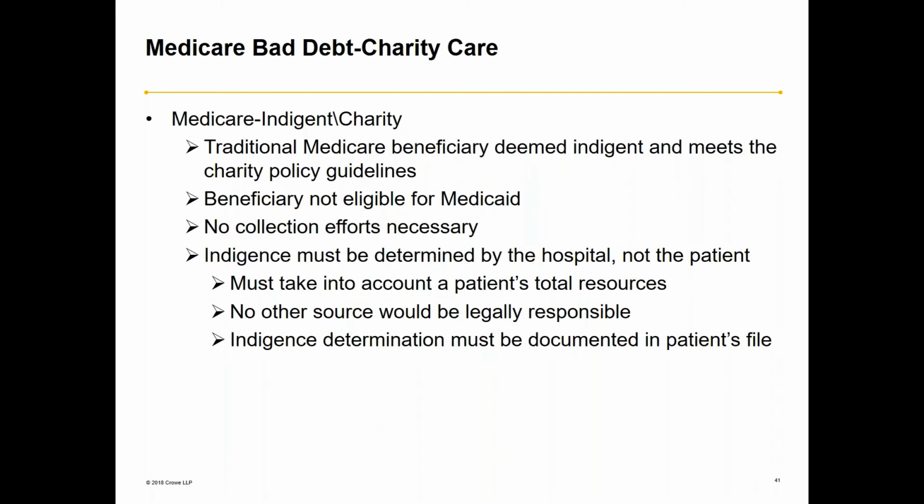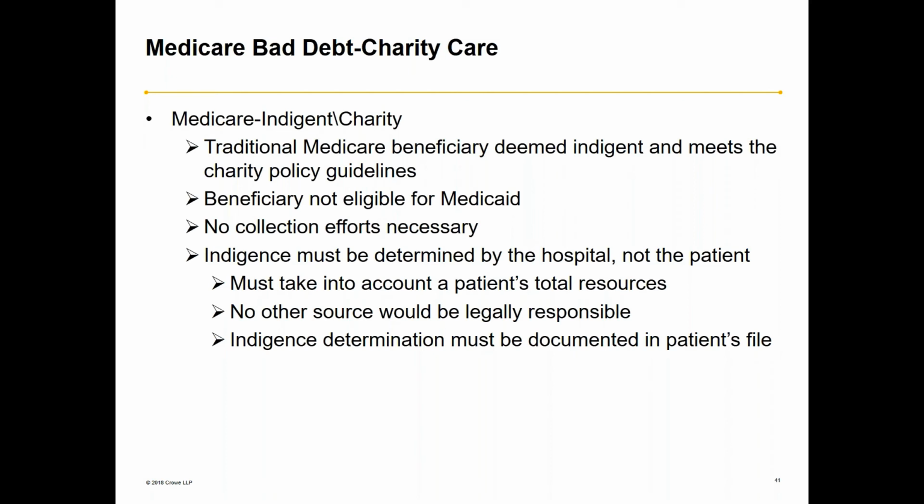Another bucket of our Medicare bad debt is charity care. Medicare indigent charity bad debt is a traditional Medicare beneficiary that's deemed indigent. You went through all of your guidelines and policies to make that determination that they do meet your charity guidelines.